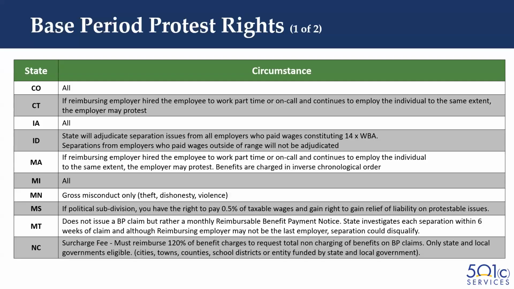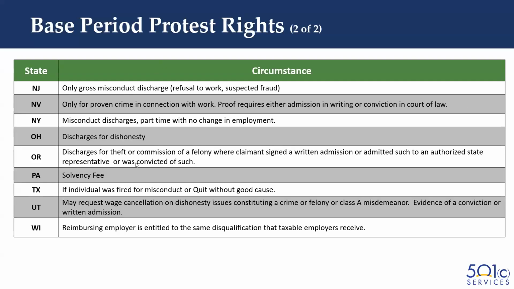There are some states like Colorado, Iowa, Michigan, they allow you to protest all base period claims when you're not the last employer and even if you're a reimbursing employer. Then you've got states like New Jersey that allow it only for gross misconduct. So if it's like violence, theft, something like that, then you can protest the base period claim and try to get those wage credits removed.